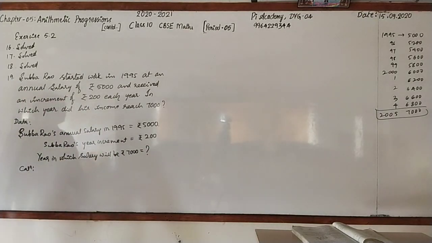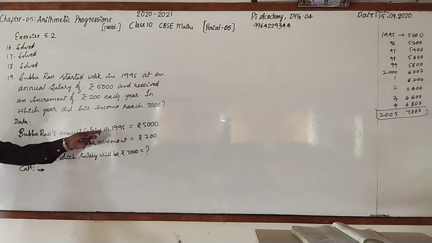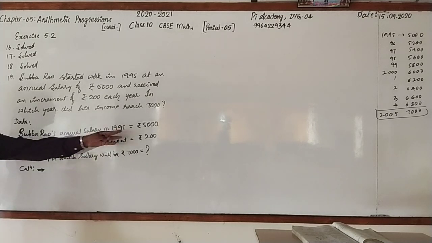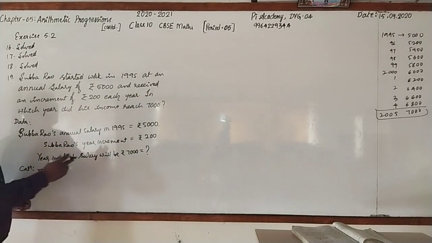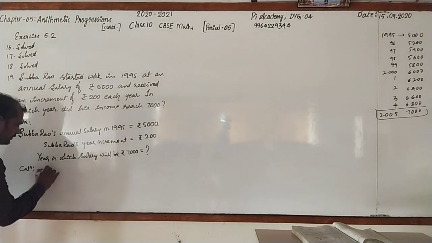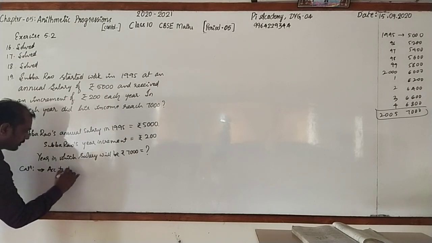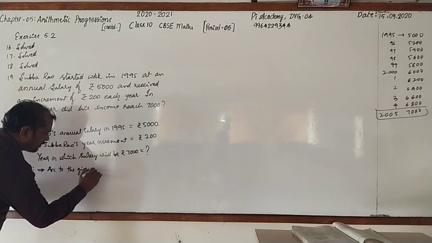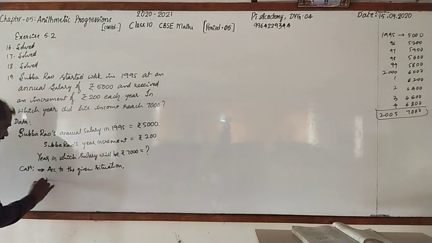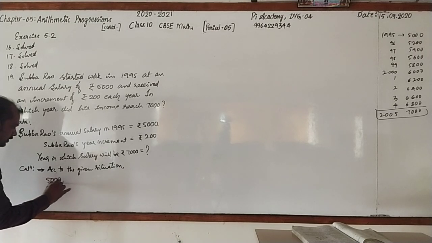Observe it. You can come to know that Subbarao's annual salary in 1995 is 5,000. What about his annual salary in the year 1996? It will be 5,200. Hence, according to the given situation, we can write in 1995, 5,000 rupees.